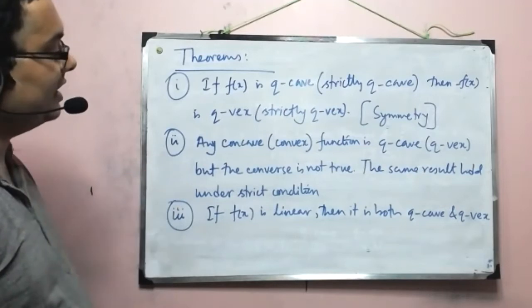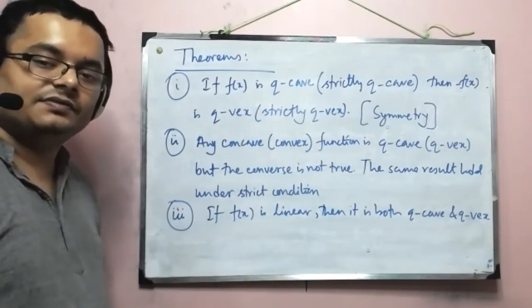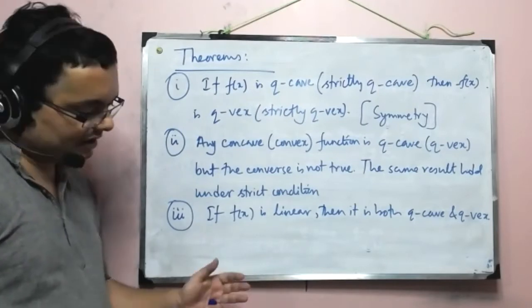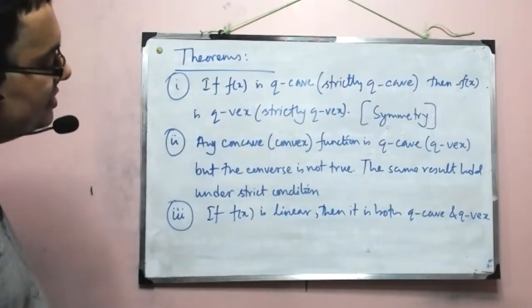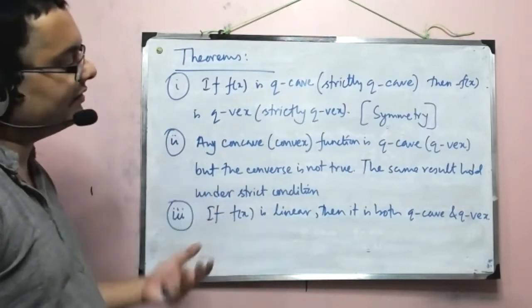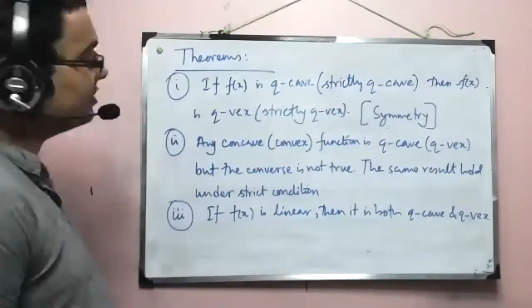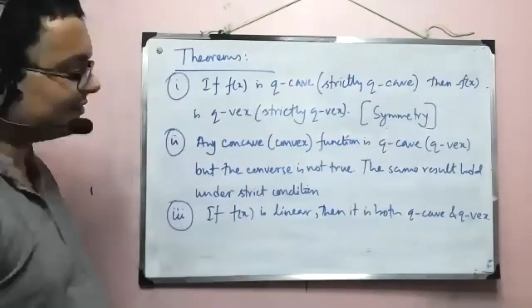As for this one, if a function is concave or convex in its whole domain, it is trivially concave or convex in a portion of its domain. But the whole point of saying quasi-concave is that it is not concave beyond a portion, so the converse cannot be true, and we have seen this through diagrams.